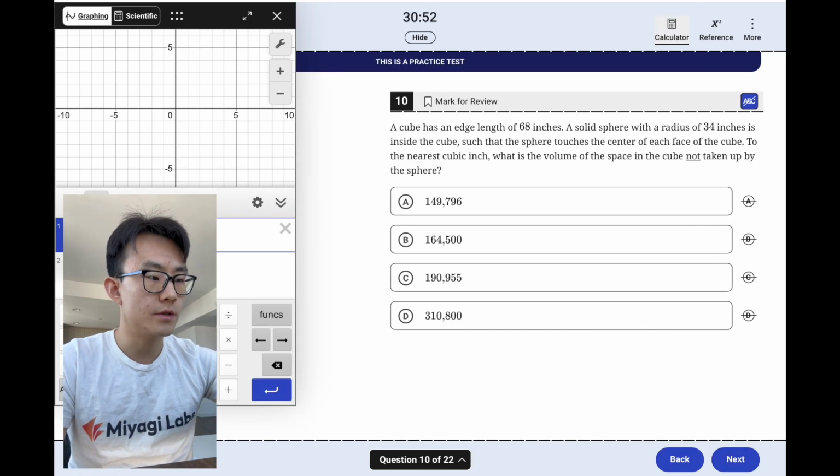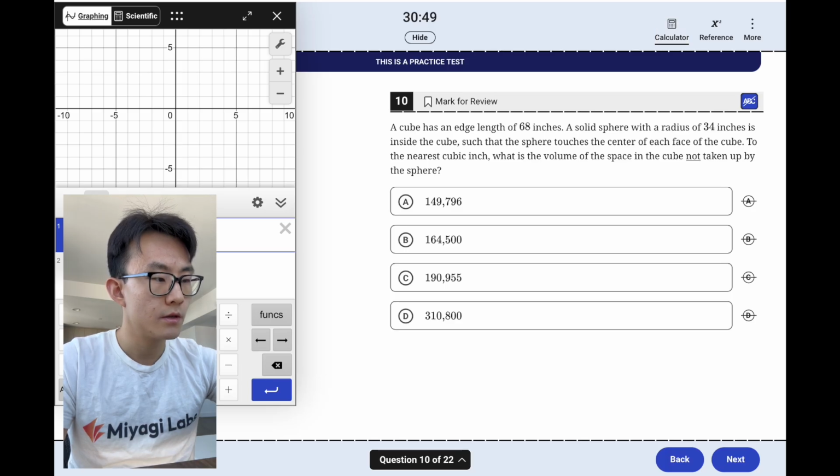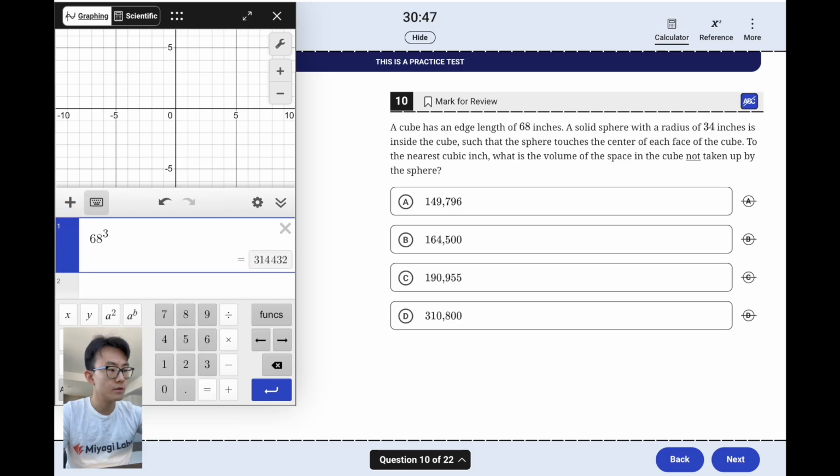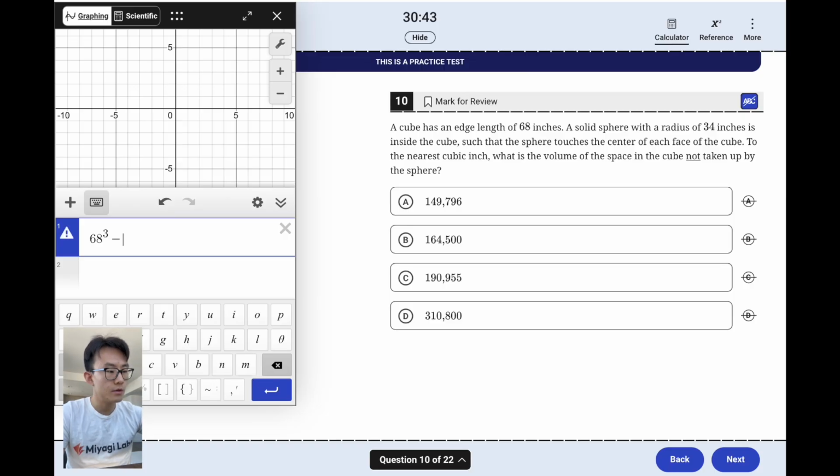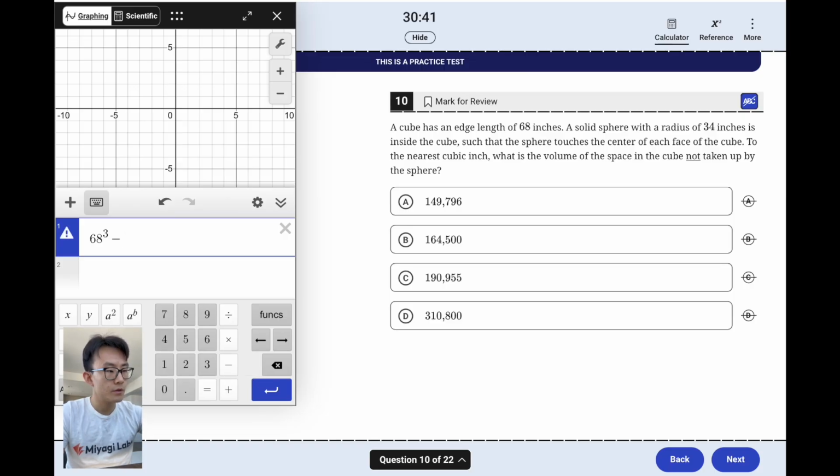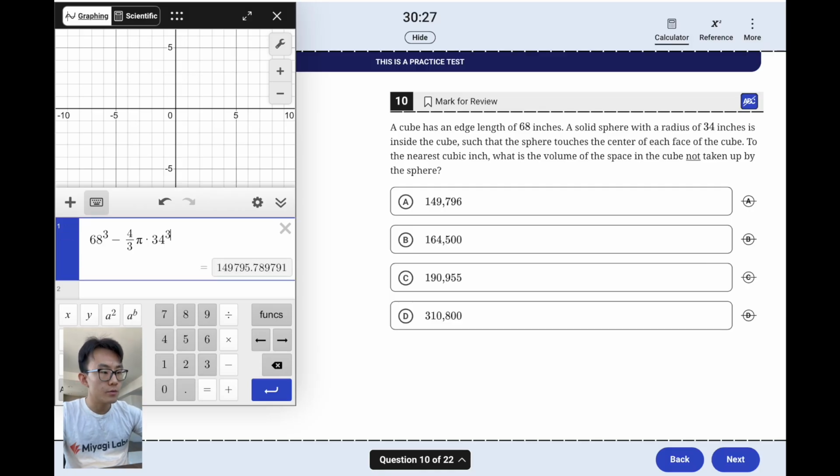So that's 68 cubed minus 4/3 pi r cubed, 4 over 3 pi times 34 cubed. So whatever this is, 149,796.